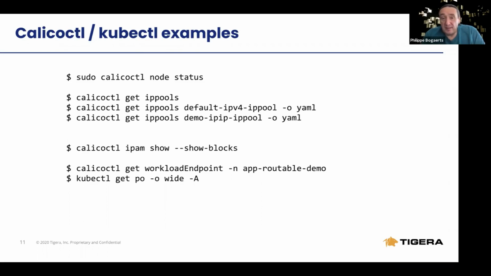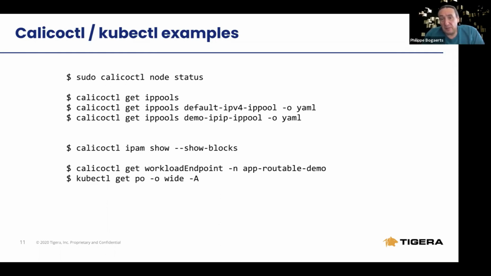And if you remember what I said a few minutes ago, some might be using IP in IP, some might be using VXLAN, some might be using non-encapsulation. Well, the way you encapsulate or do not encapsulate is based on the IP pool. So in more complex environments, having multiple IP pools might also indicate that you're using different encapsulation techniques.